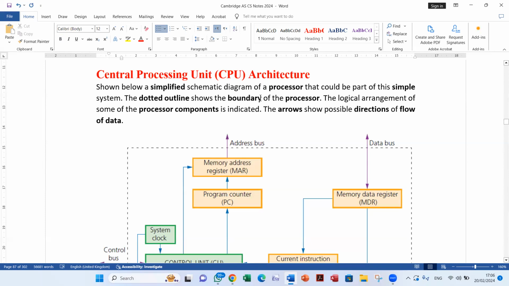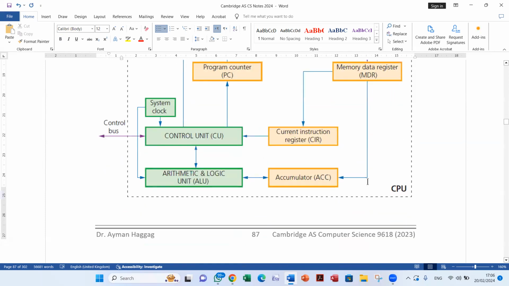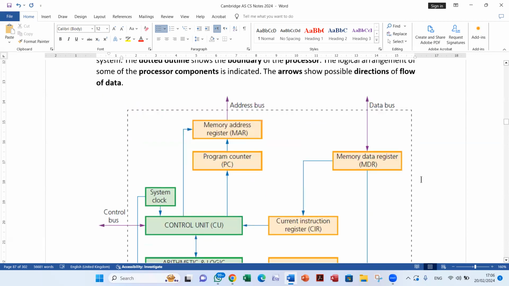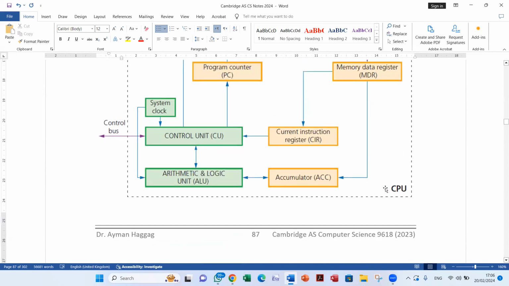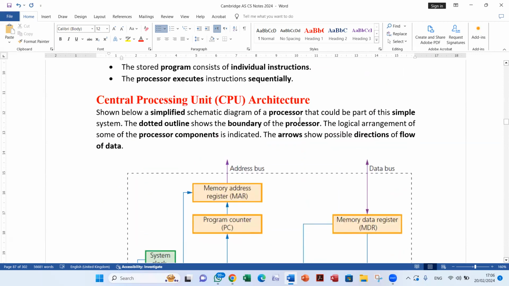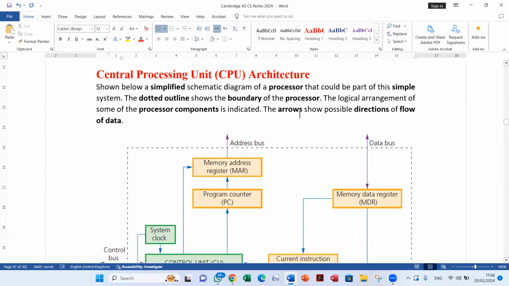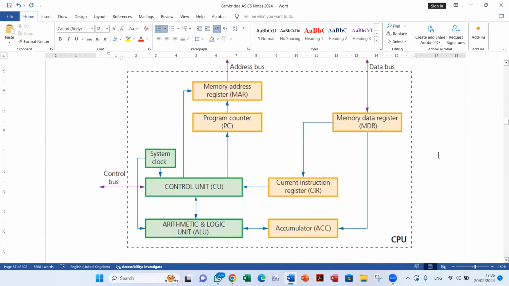The dotted line shows the boundary of the processor. Anything inside this dotted line is inside the CPU, the central processing unit. The logical arrangement of some of the processor components is indicated. Arrows show possible directions of flow of data.